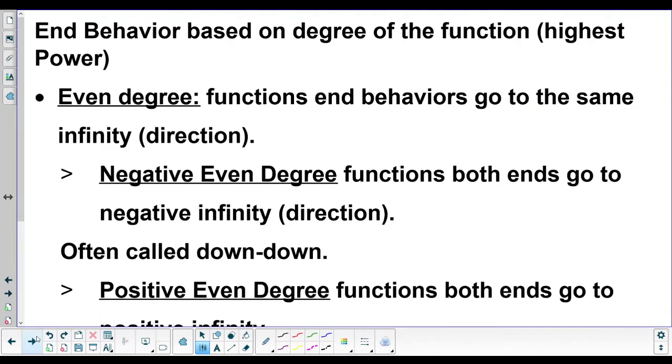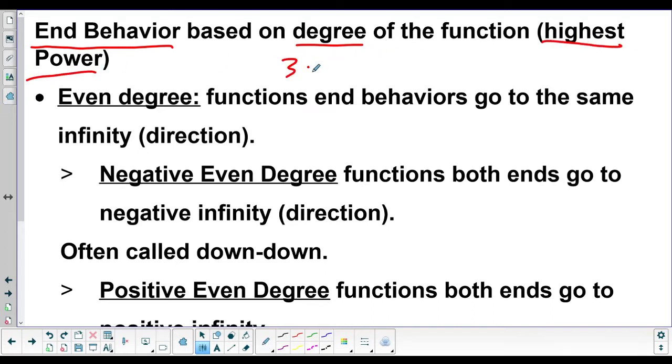All right. Now let's talk about end behavior, how we can figure out end behavior without a graph. And then the last thing we'll talk about after a couple examples is even and odd symmetry for equations, specifically polynomials. Our end behavior is based on the degree of the function, which is the highest exponent.